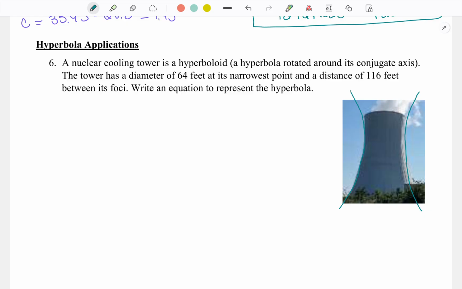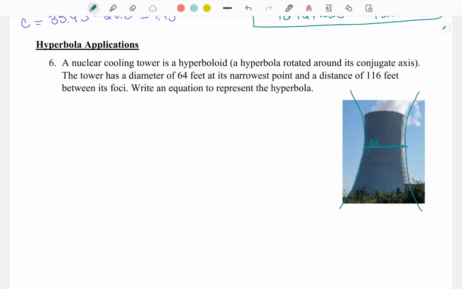And the tower has a diameter of 64 feet at its narrowest point and a distance of 116 feet in between foci. So our foci have 116 feet. So our A is essentially going to be 32.